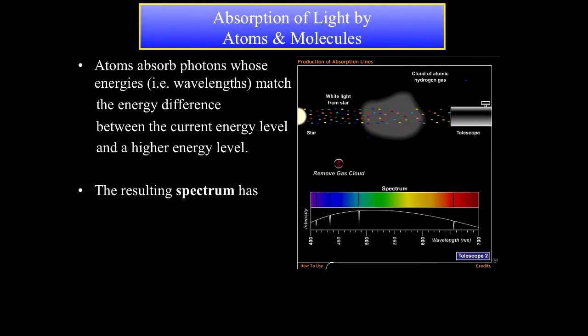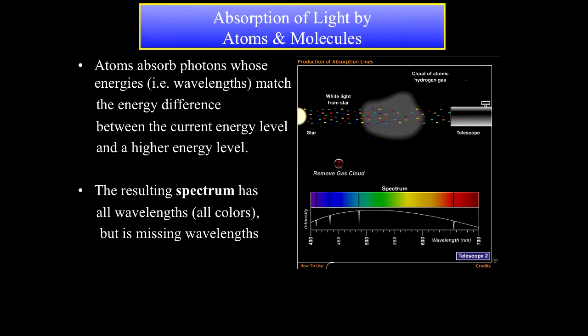And so the resulting spectrum has all of the wavelengths of light that were emitted by the original star or planet or light bulb, but it will be missing those specific wavelengths or energies that these particular atoms had the ability to absorb due to the energy levels in those atoms. So you get a spectrum of colors with certain specific wavelengths or energies absorbed away.